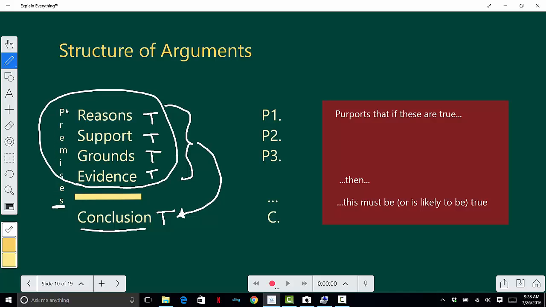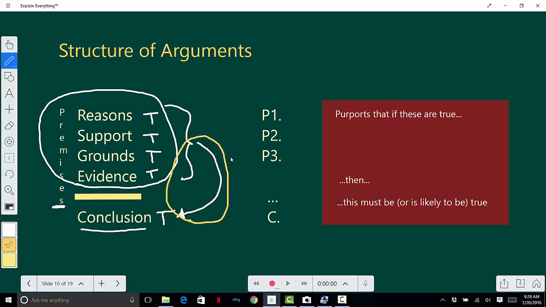So this top part and this bottom part, visually it's really easy to see those as being built into the argument, to see that it's part of the structure of an argument. What's more difficult to appreciate, structurally speaking, is this component of the argument.